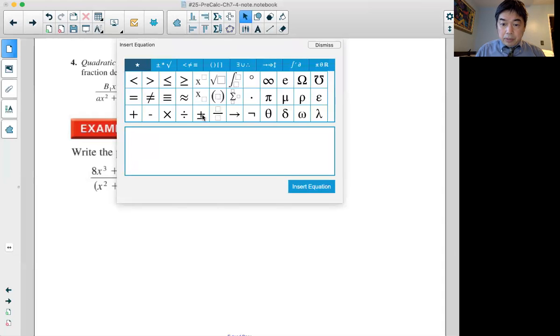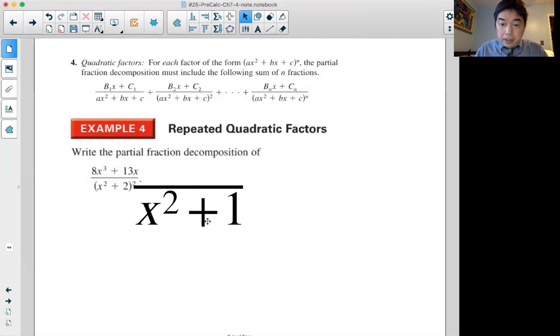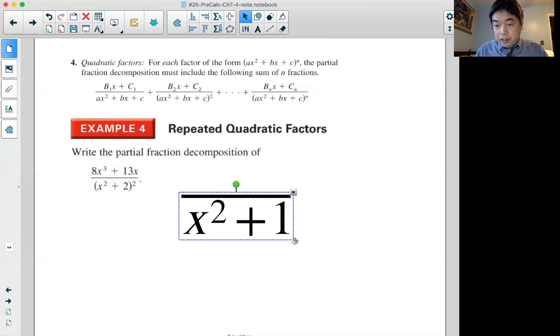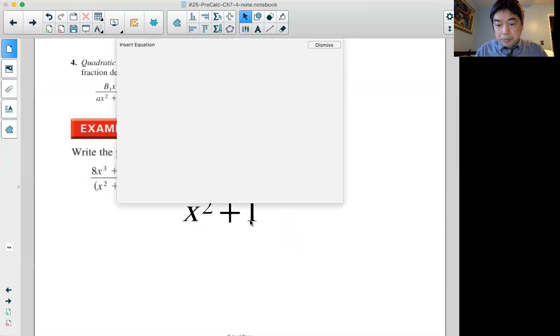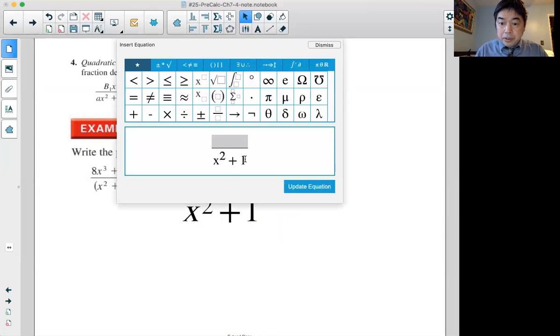Since the denominator is x squared plus 2, sorry, I forgot the number. If I just wrote down the denominator without the parentheses, it's supposed to be x squared plus 2.